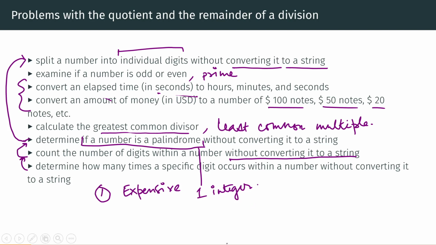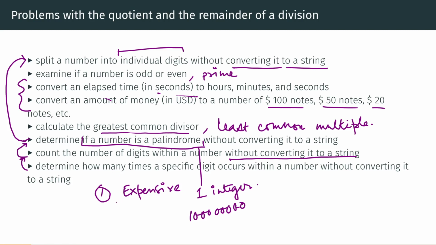It's very fast. But if you do it on 1 million integers, it would make a difference. Or maybe 10 million or 100 million. If you convert it into a string, you will see a difference in time.